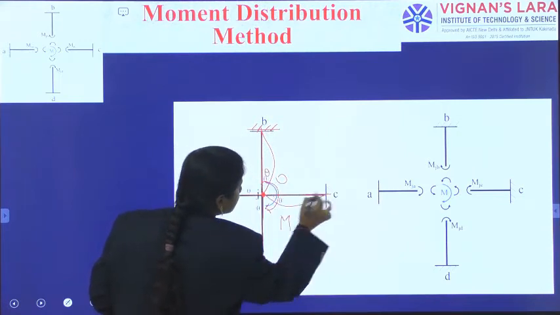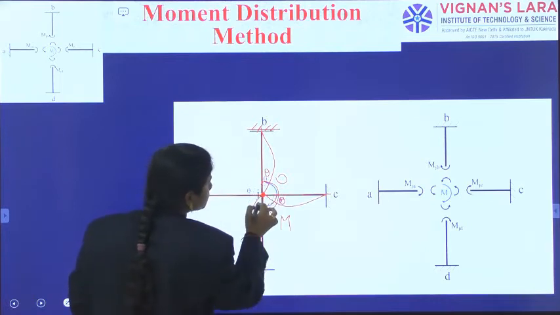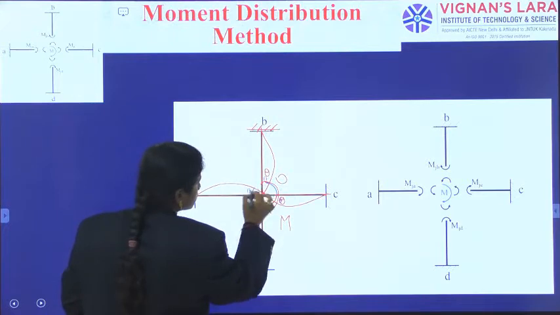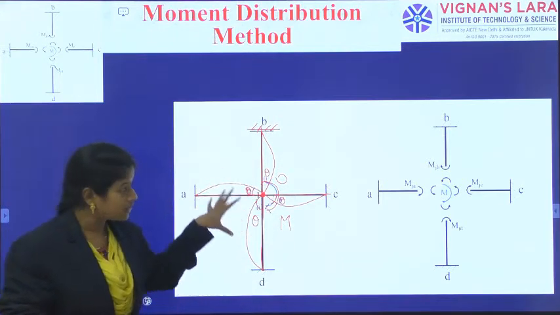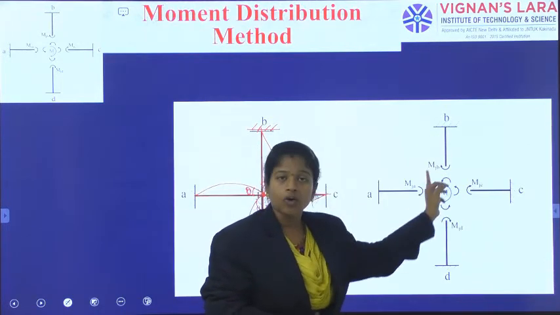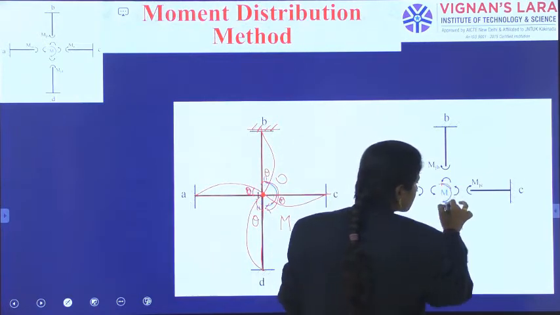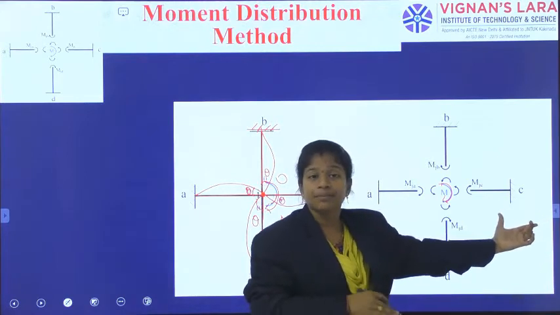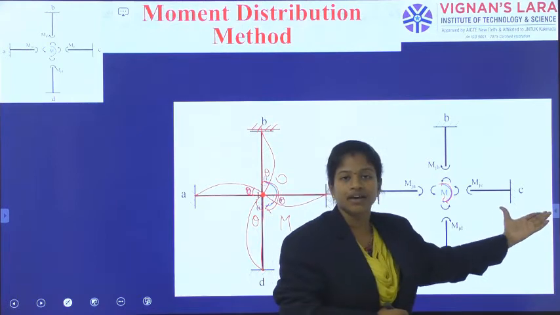Whatever is the condition, whatever is the length of the segment, whatever is the moment of inertia and whatever is the cross section, the slope values for each member will be equal. When we separate it like this, you can observe this picture and how these arrows are coming. As I am applying the moment in the clockwise direction, this member is showing some resistance. So, the resistance will be in the anti-clockwise direction from the moment.